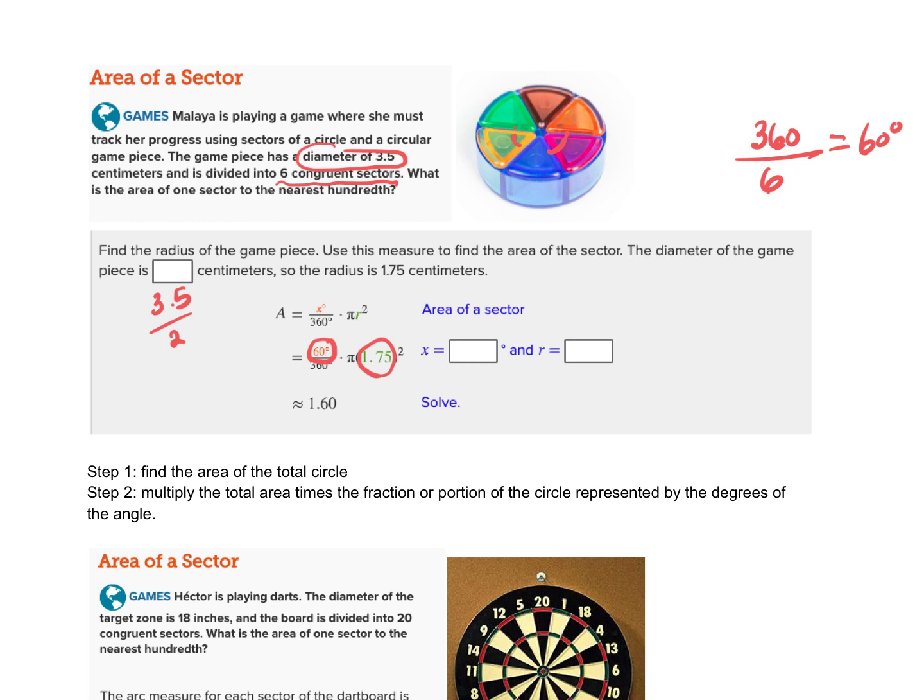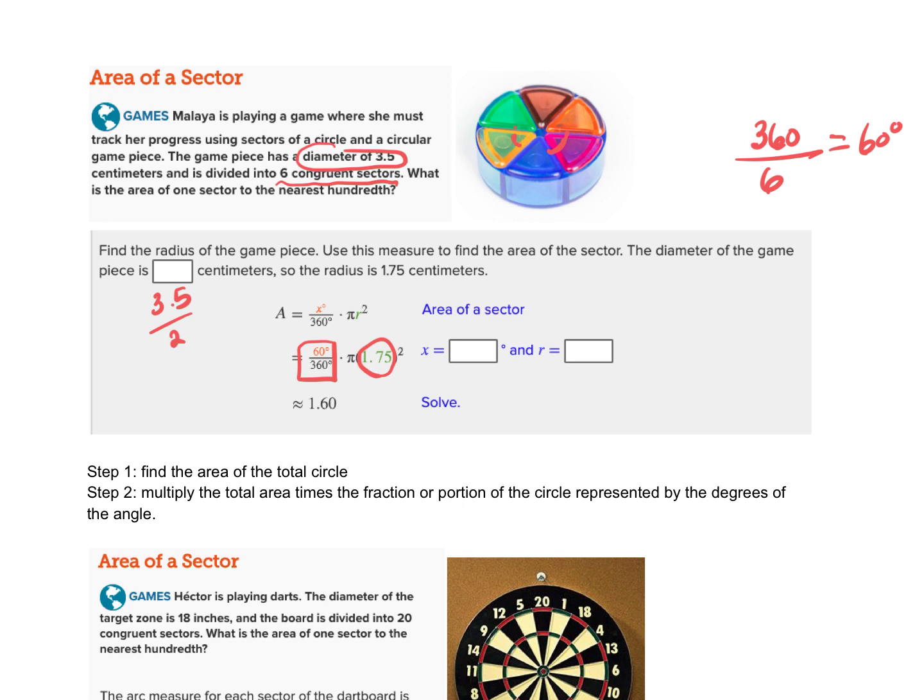They just list the fraction, the portion of each individual piece, first. They just list that 60 over 360 before they list the area of the total circle, which is pi r squared. It doesn't matter. You know, with multiplication, I can do 2 times 3 or I can do 3 times 2. I still get the same answer.